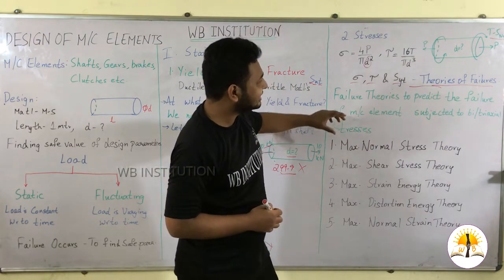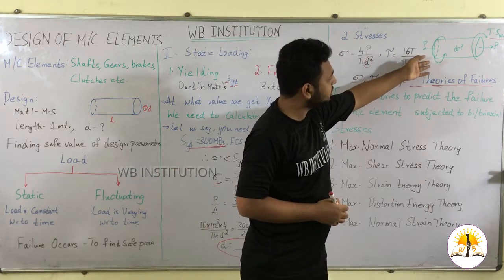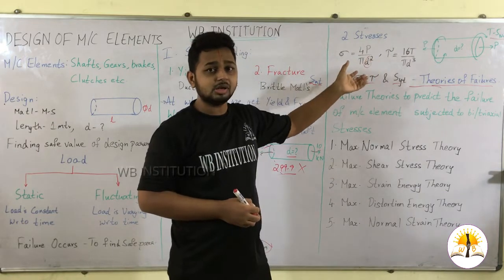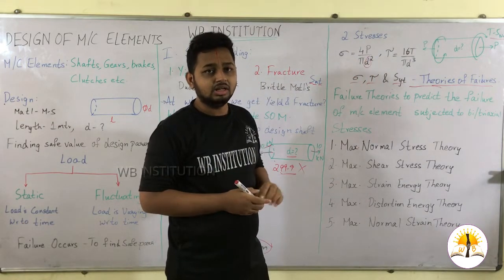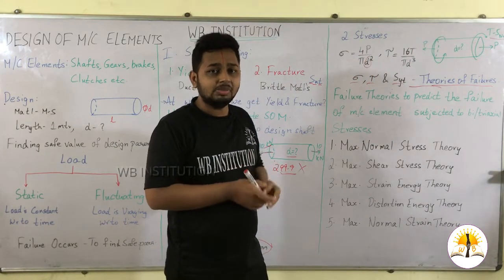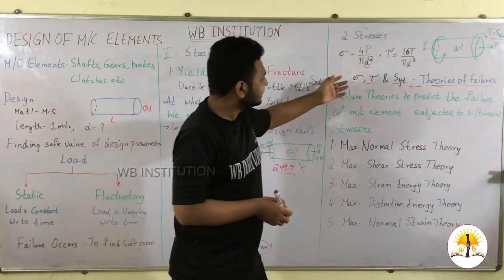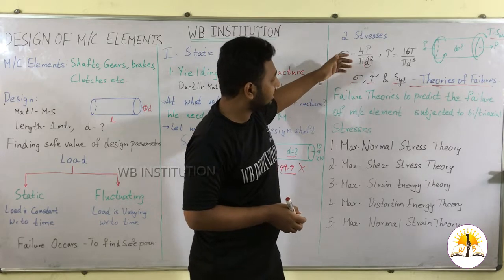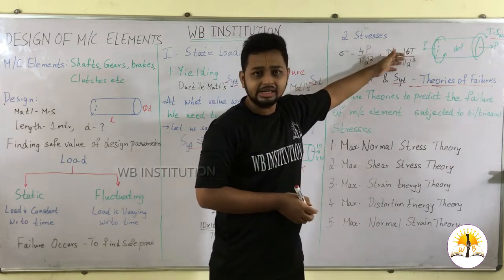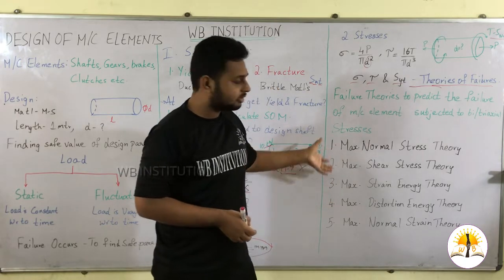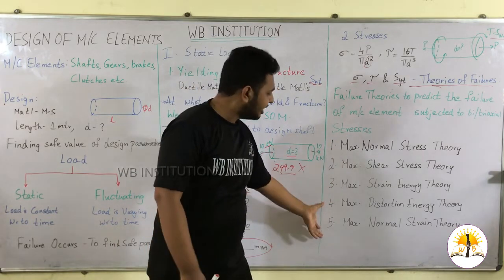Here I have shown you an example of biaxial loading. There will also be an example with triaxial loading, so in all three dimensions load will be applied on the body. Then what is the relation between normal stress, shear stress and the yield strength? We get the relation from these 5 failure theories.